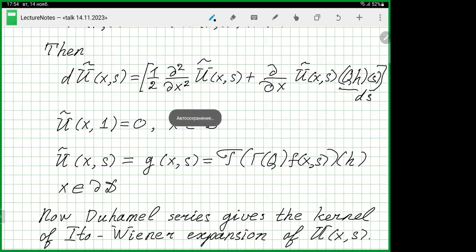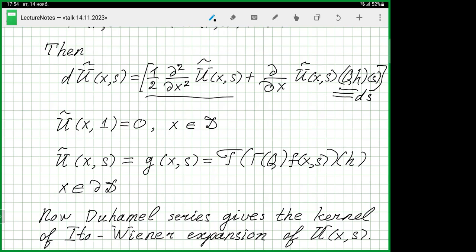It will contain repeating integrals containing QH S1, QH S2, and so on, the Green function related to the main part and domain D, and its derivatives. That's all. So one can get the Ito-Wiener expansion for our problem.